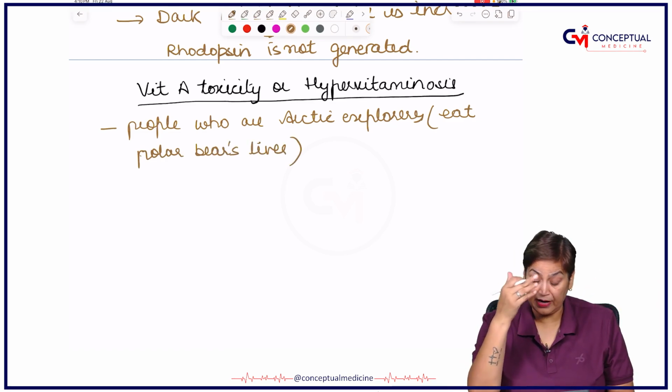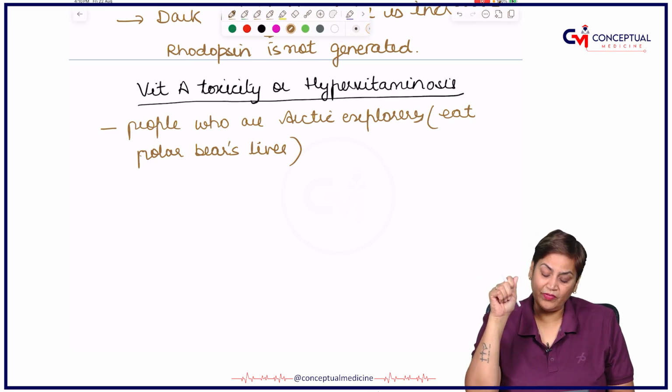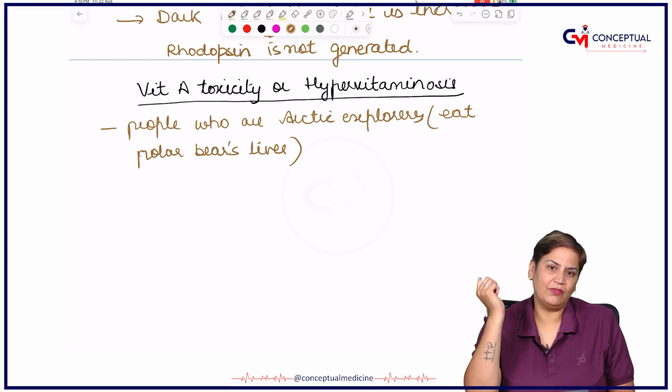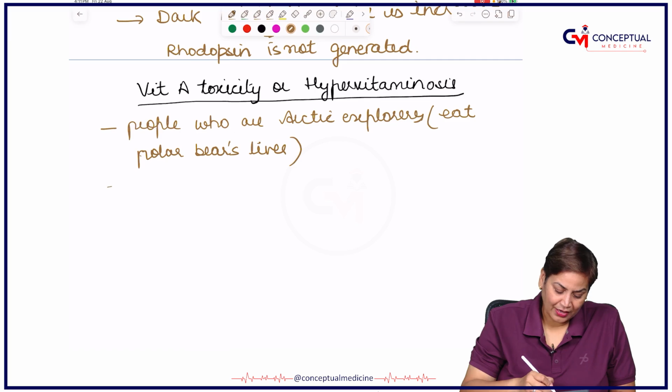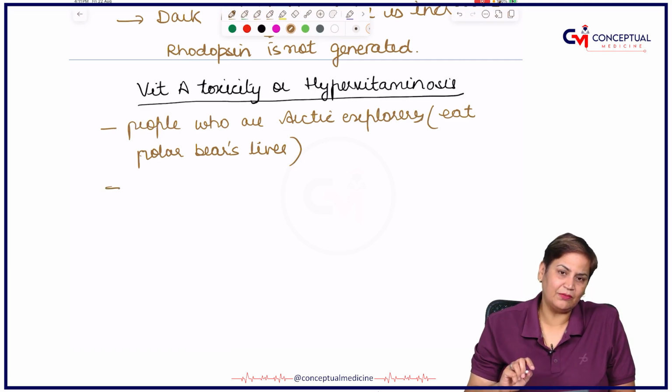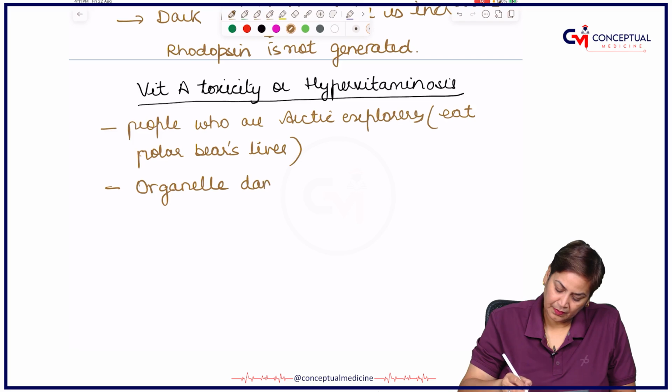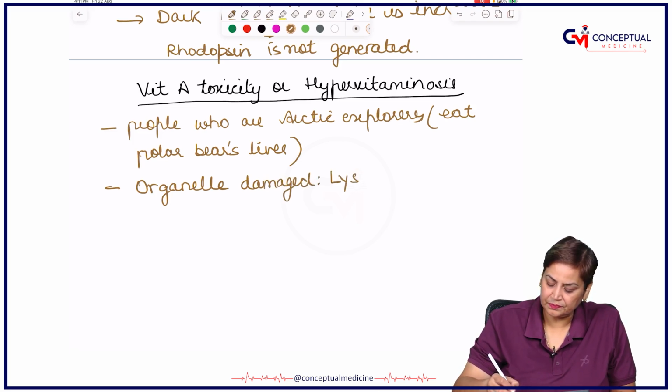Okay, and we know that vitamin A is stored in the liver. So obviously if they are continuously eating that liver of polar bear, they will have more intake of vitamin A, and the organelles which are damaged are the lysosomes.